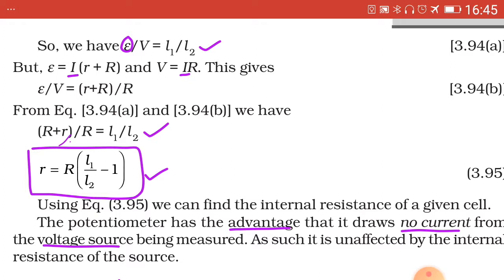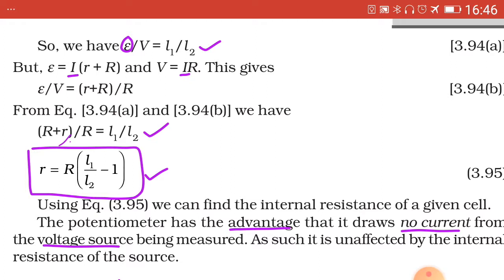Potentiometer is a device to obtain a continuously varying potential difference, that is PD, between any two points, which can be measured simultaneously.